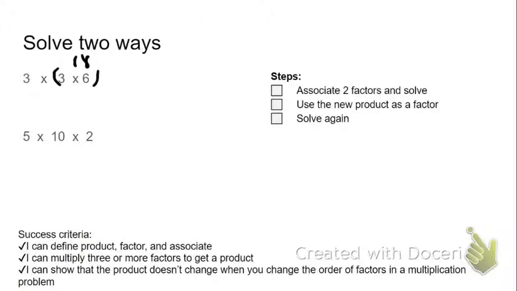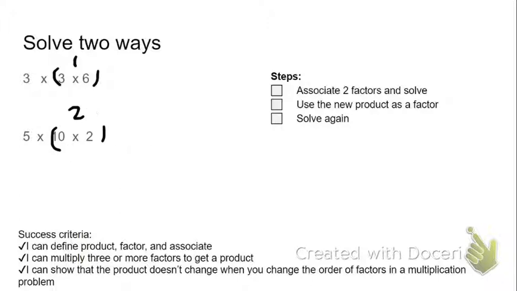All right, and then take a look here. 5 times 10, well, that's 50. 50 times 2 is 100. And then 10 times 2 is 20. 20 times 5, well, that's also 100.